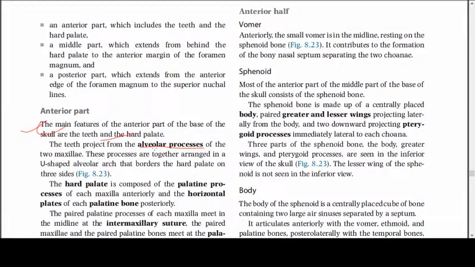These processes together are arranged in a U-shaped alveolar arch that produces the hard palate.